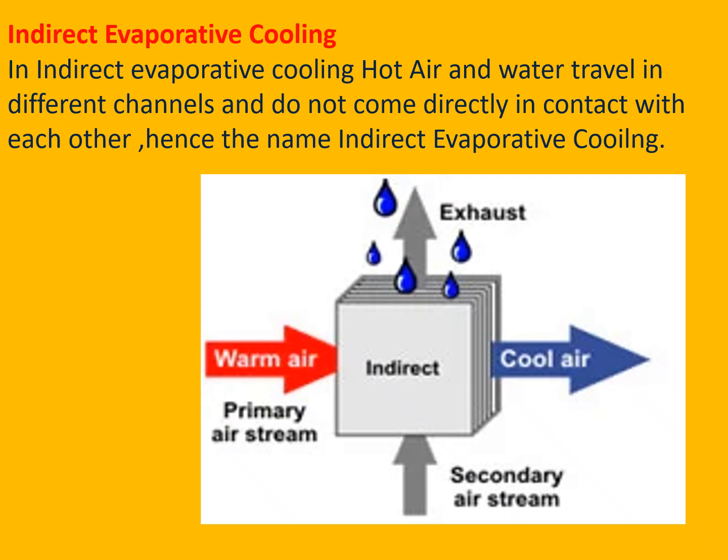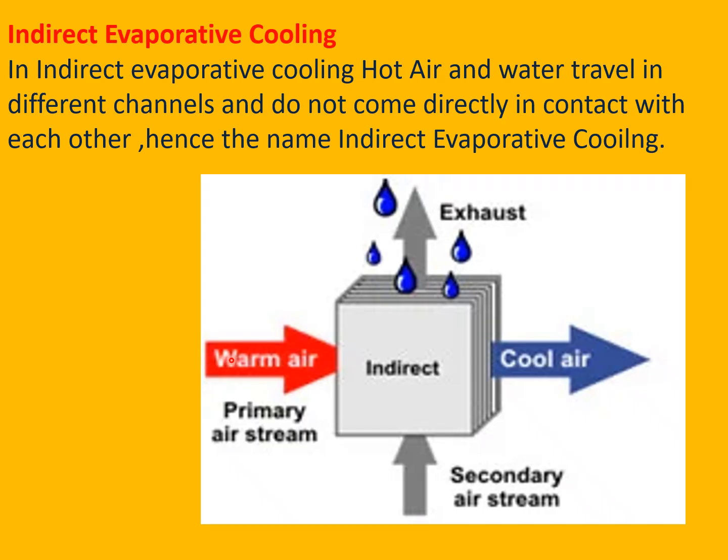Friends, we have already learnt about direct air cooling. Now we shall learn about the indirect evaporative cooling system. In indirect evaporative cooling, hot air and water travel in different channels and don't come directly in contact with each other. Hence the name indirect evaporative cooling.